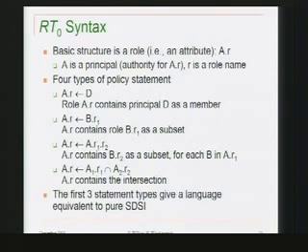Now, the first 3 statements together give rise to a language that's equivalent to SDSI, simple distributed security infrastructure, a language that was proposed in, I think, 1996, and later combined with SPKI, simple public key infrastructure.